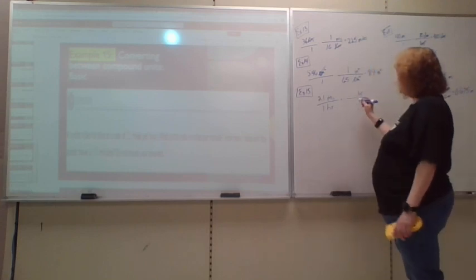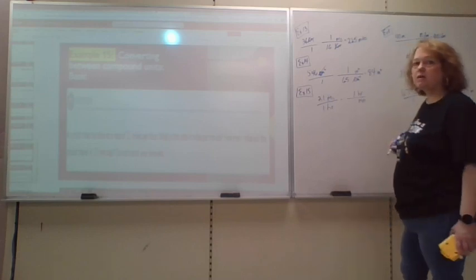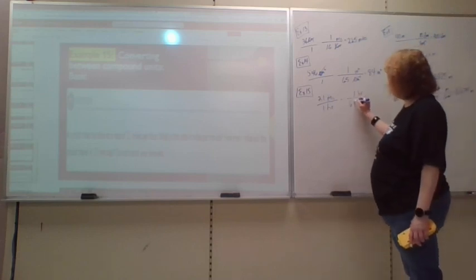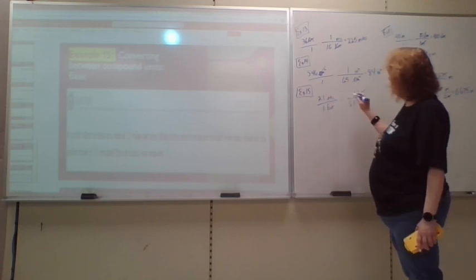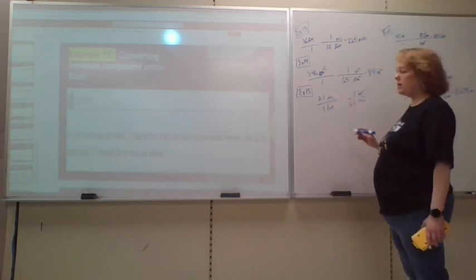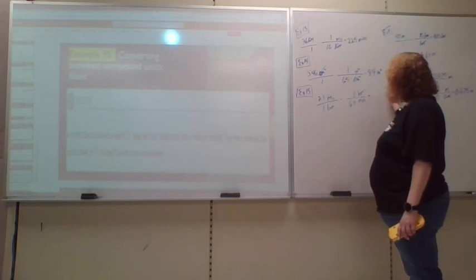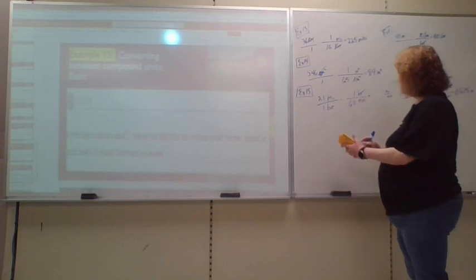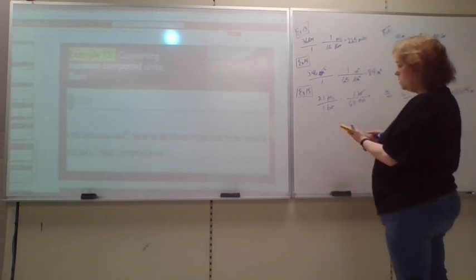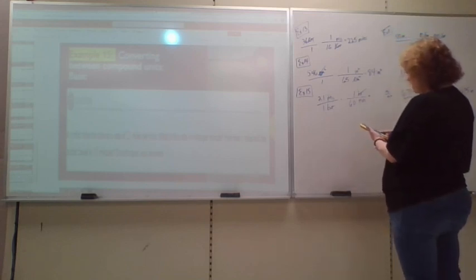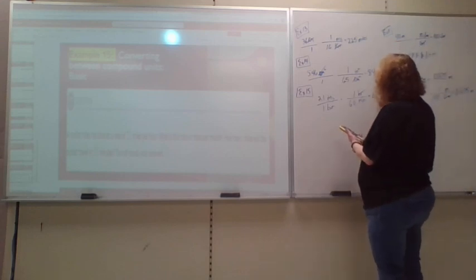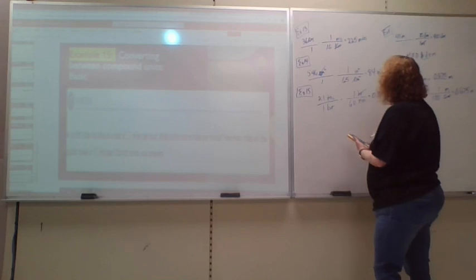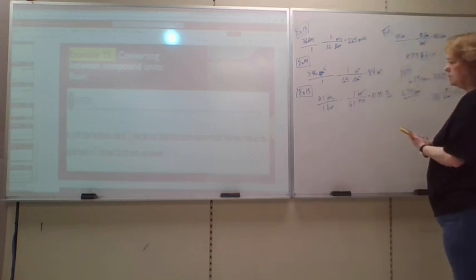How many minutes are in 1 hour? 60. Then my hours go away, and now we have miles per minute. So it'll be 21 divided by 60, and I get 0.35 miles per minute.